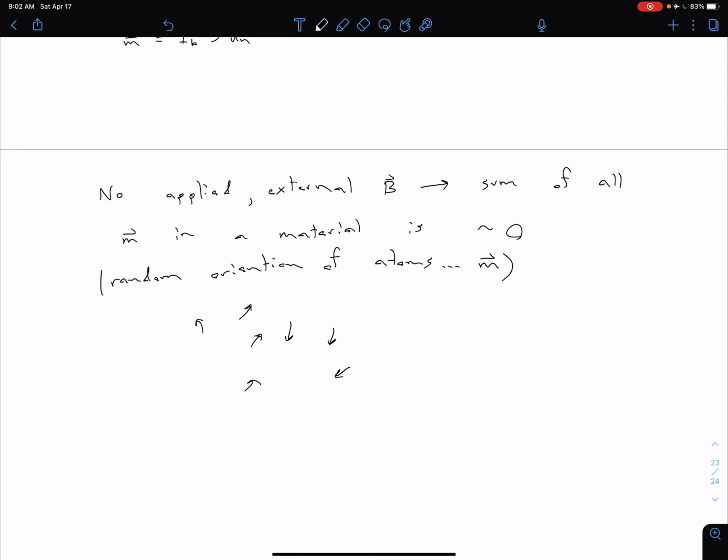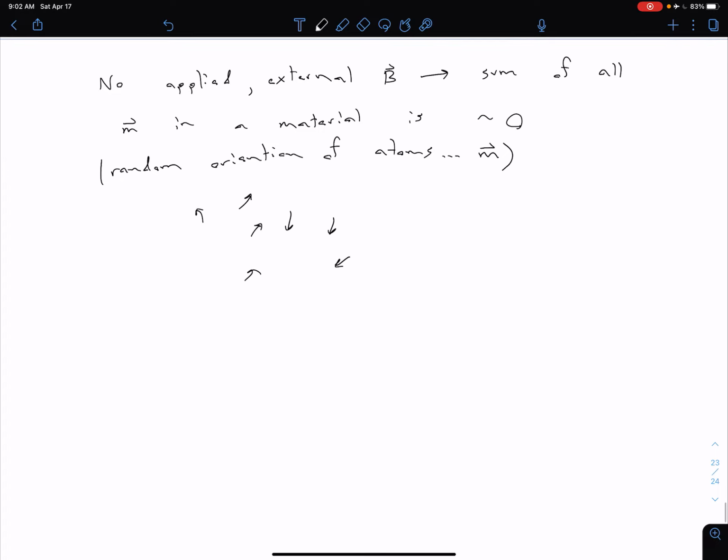And so what we can see though is if we then apply some external B, we're going to force all of those magnetic dipole moments to align in one direction. So applying an external magnetic field B is going to cause those magnetic dipole moments, M's, to align with that external field B.